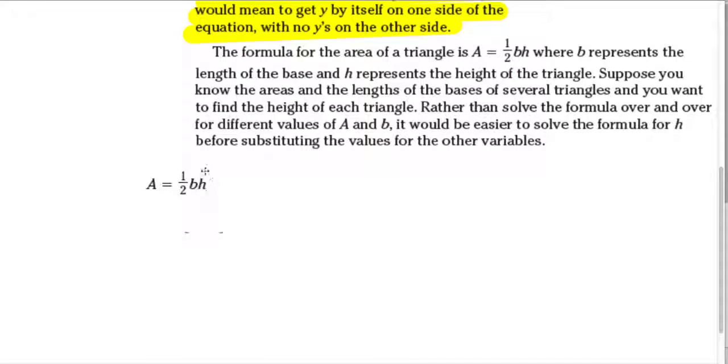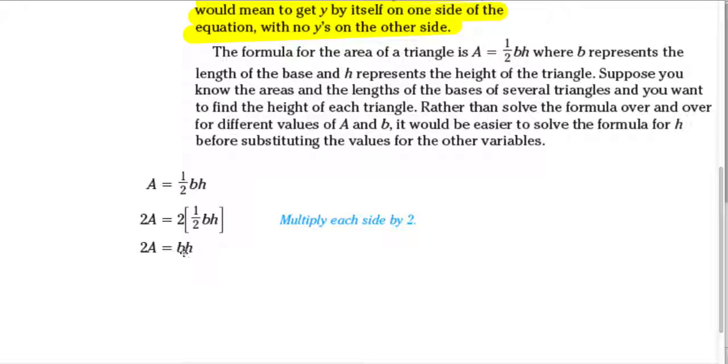In order to solve for h, we need to isolate h, undo 1/2, and undo b, meaning we need to get b to the other side of the equation. To undo 1/2, we simply multiply both sides by 2. Multiplying both sides by 2, you end up with 2a equals 2 times 1/2 bh. Doing that gets rid of the 2, so you end up with 2a equals bh.